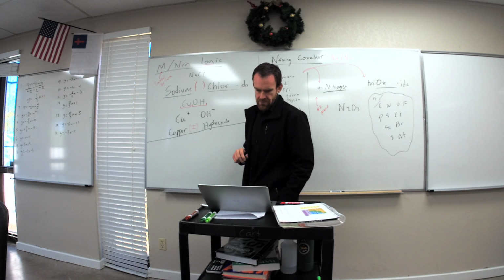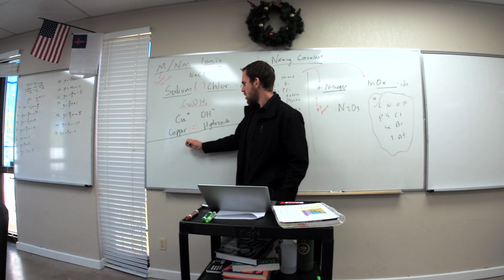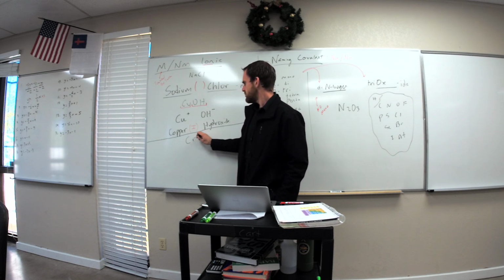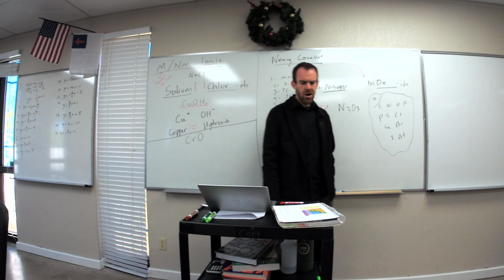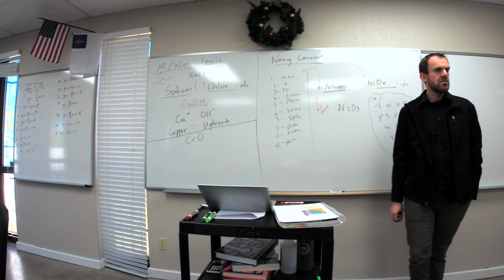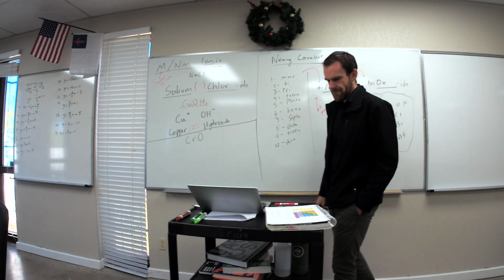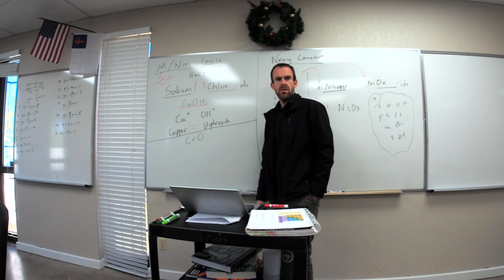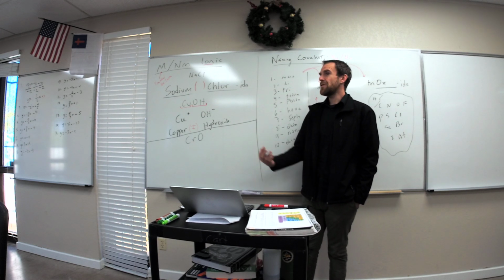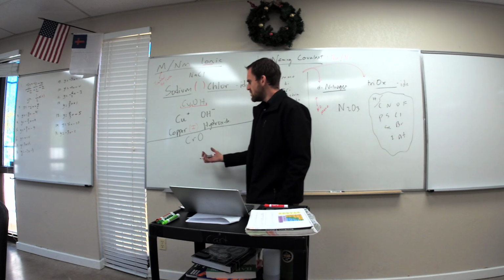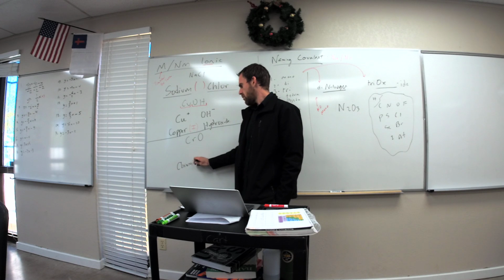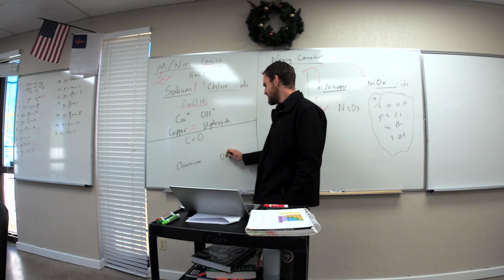Okay, what about this one? Cr is chromium. And is it a transition metal? Yes. So we have to figure out the charge. Okay. So chromium oxide, that's easy.